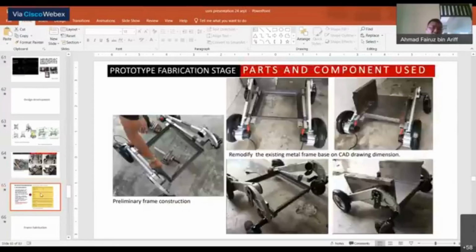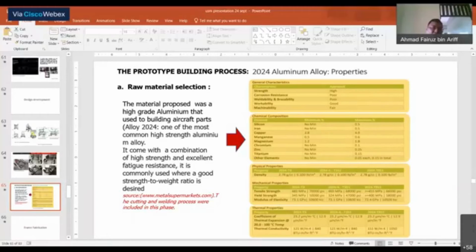Then we found the raw material, which is alloy 2024. This proposed material is a high-grade aluminium used to build aircraft parts, a common high-strength aluminium alloy. It comes with a combination of high strength and excellent fatigue resistance. It is commonly used where a good strength to weight ratio is desired.